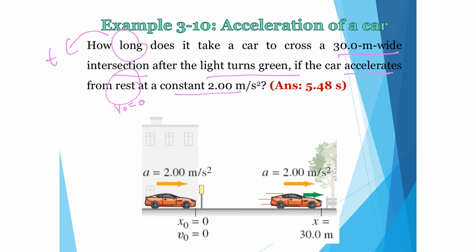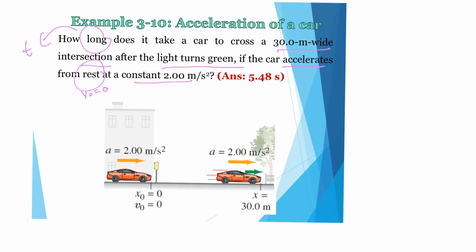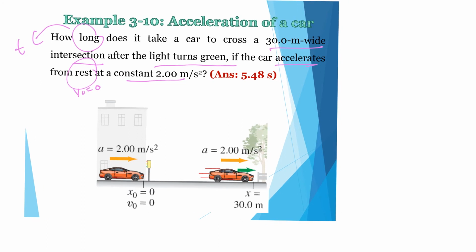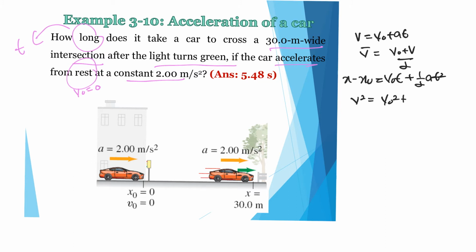So for this kind of question, which formula are you going to use? Whether it is v equals v naught plus at, whether it is v bar equals v naught plus v over 2, whether it is x minus x naught equals v naught t plus half at square, or whether it is v square equals v naught square plus 2a x minus x naught.